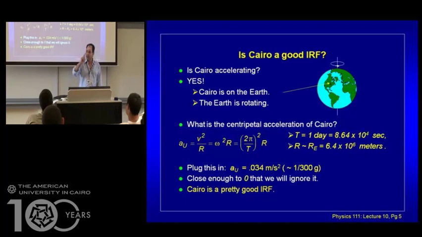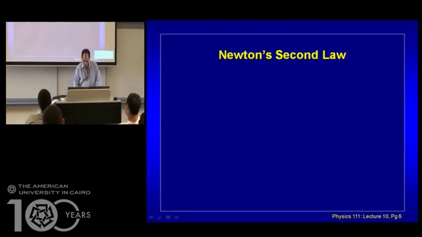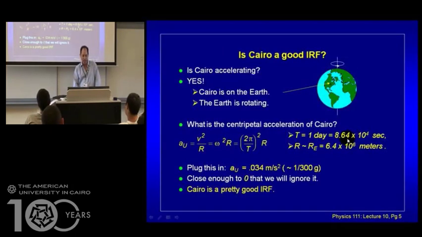It goes that distance in 1 day. So 1 day is equal to 8.64 times 10 to the power 4 seconds. This is 1 day in seconds. And the radius of the Earth is 6.4 times 10 to the power 6 meters. That's 6 million meters.